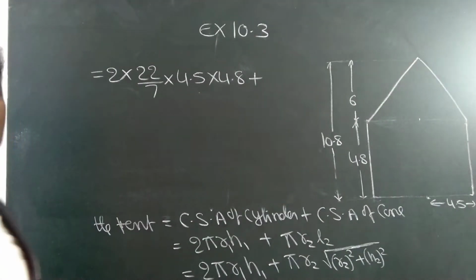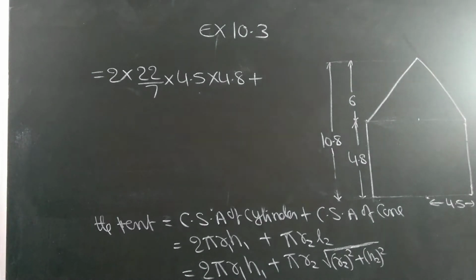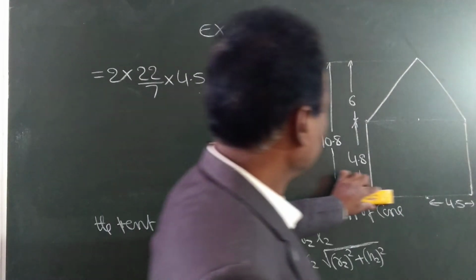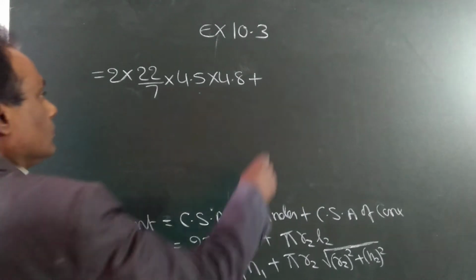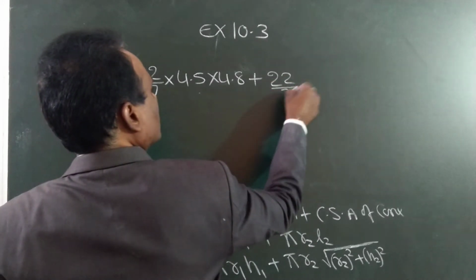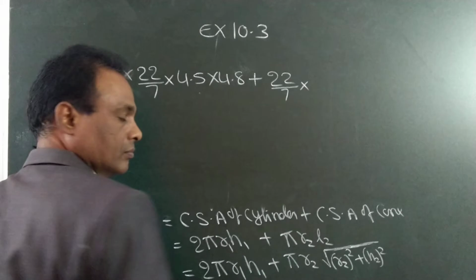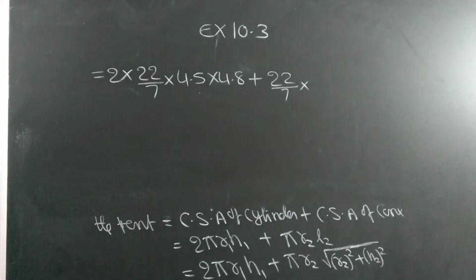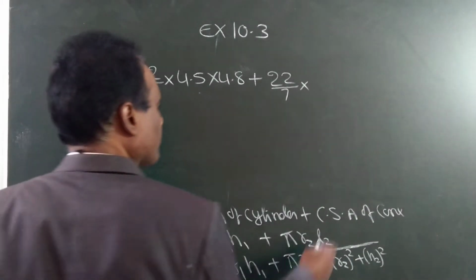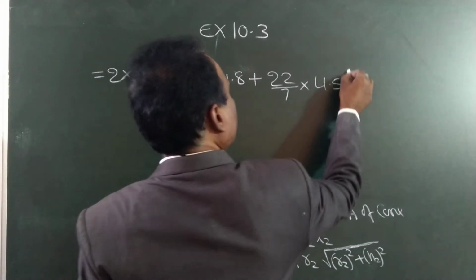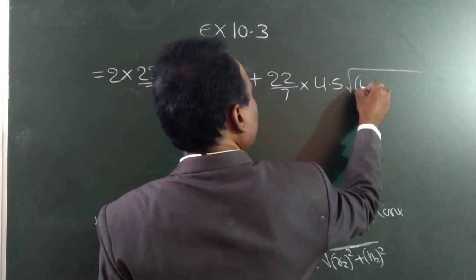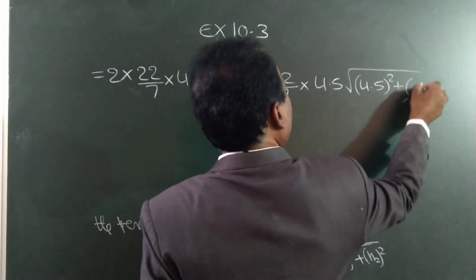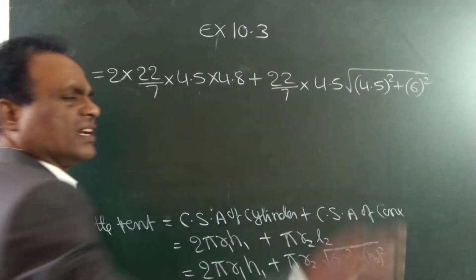R is known, H1, H, all values are known. You substitute. All values are known, students, just substituting, that's all.